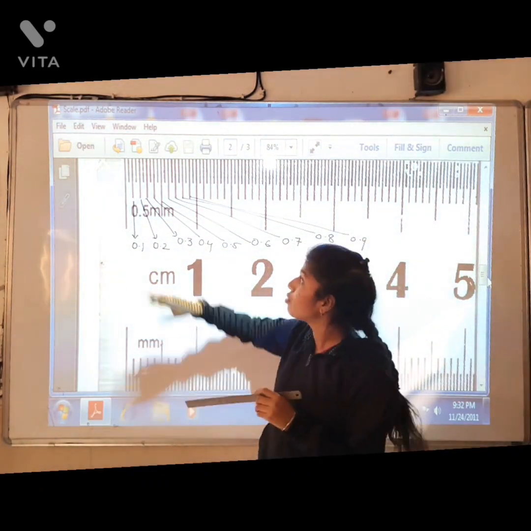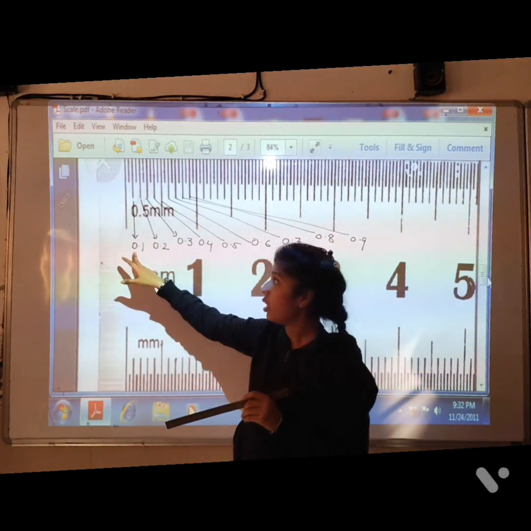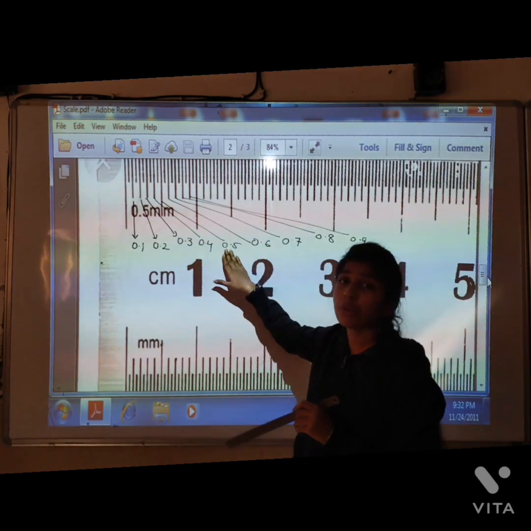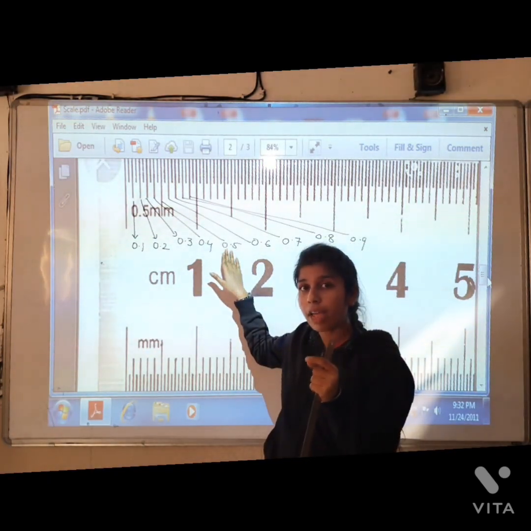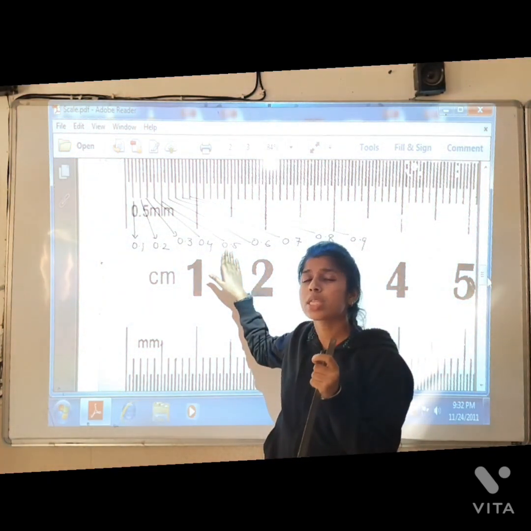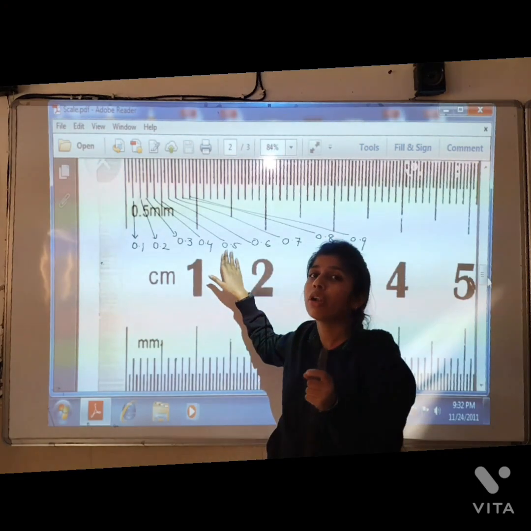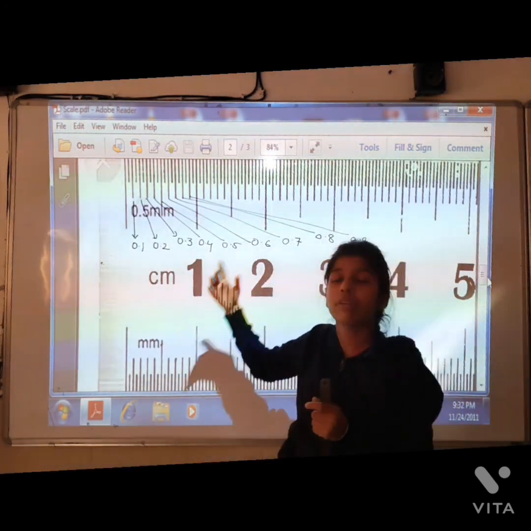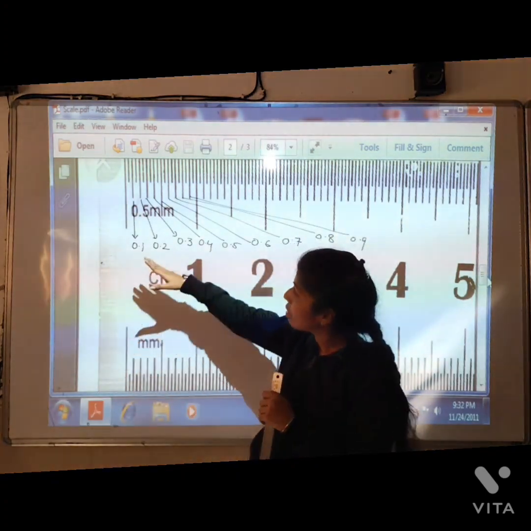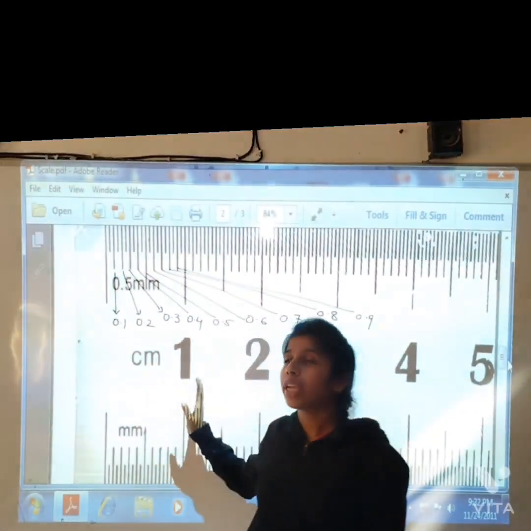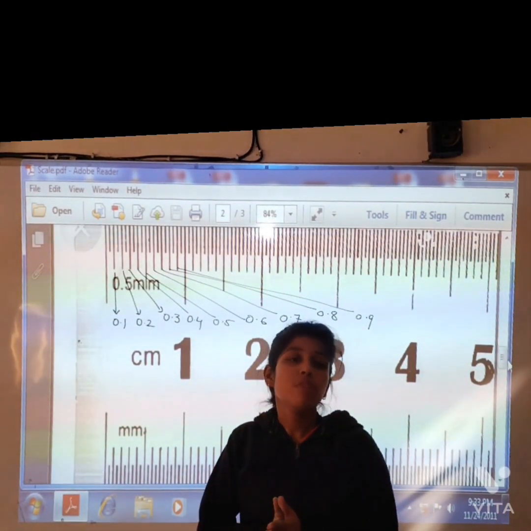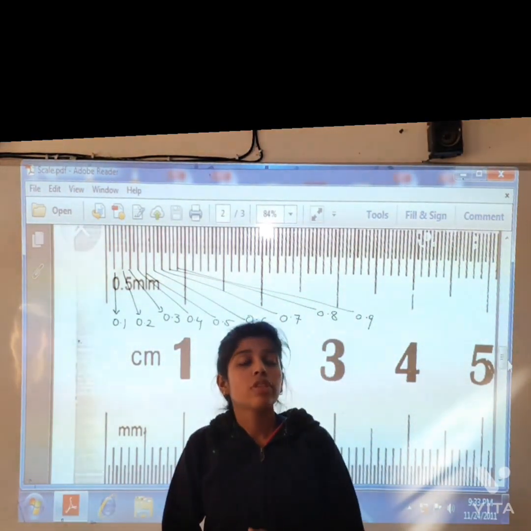As you see, this is 0.1, 0.2, 0.3, 0.4 and 0.5. The 0.5 line is just larger than all the small lines. Then 0.6, 7, 8, 9 and then 1. That type of numbering goes on till 30 and 50. So this is the measurement of the scale.